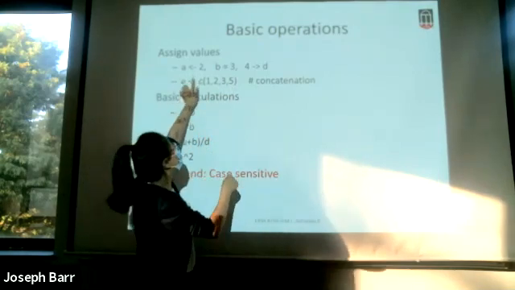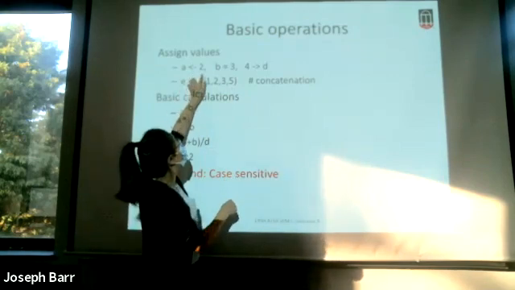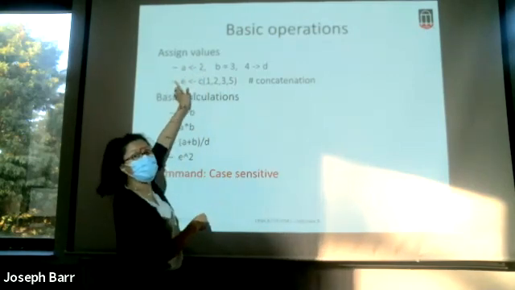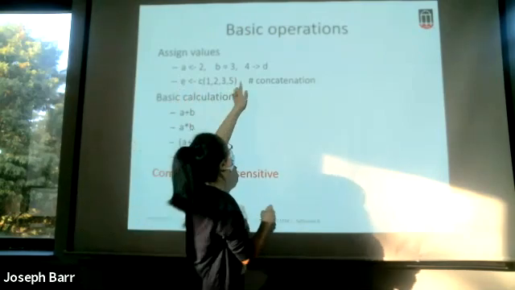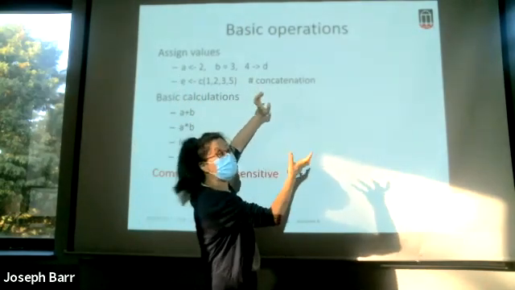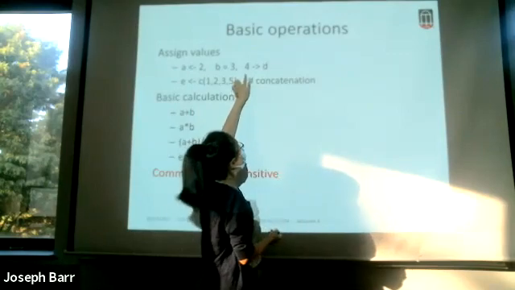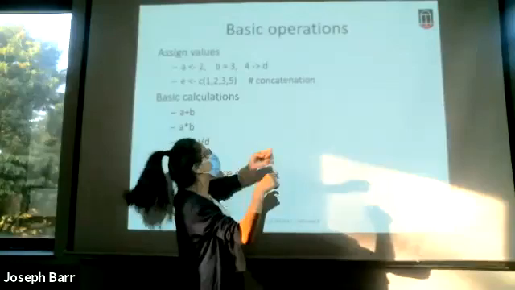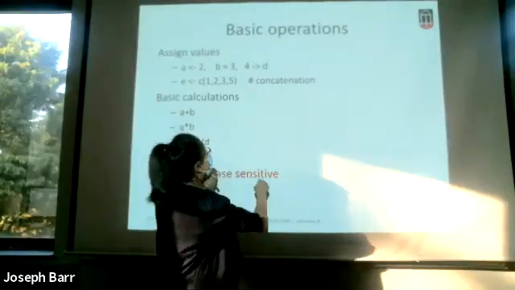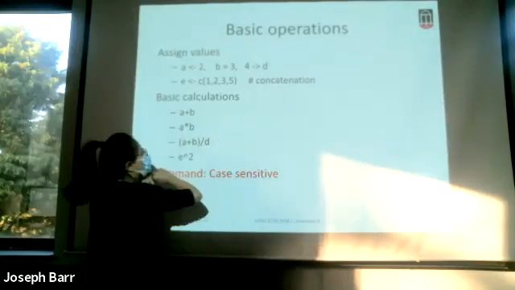That means 2 goes to A. It's another way to give a value to a variable. Or you can use the other direction. Here, 4 goes to D, a minus sign and the larger than symbol. So the 4 goes to D.